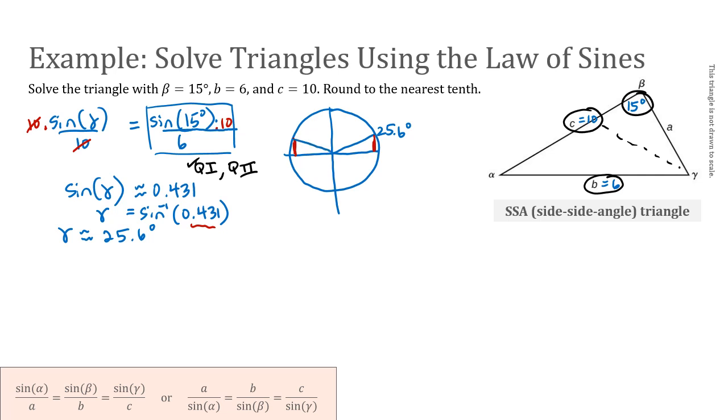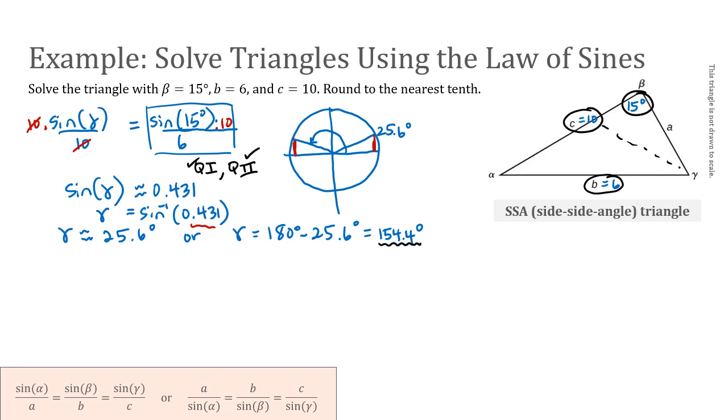The way I can find that quadrant 2 angle is by taking 180 degrees minus that reference angle of 25.6 degrees, so gamma is 180 degrees minus 25.6 degrees, which is 154.4 degrees.